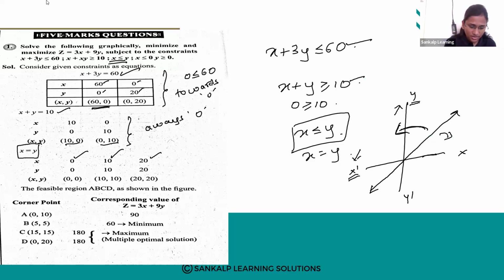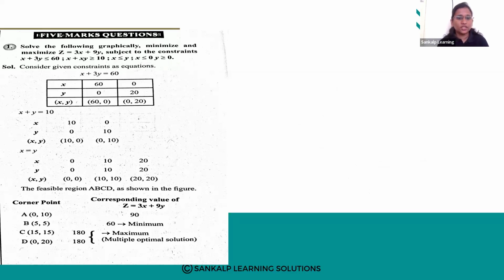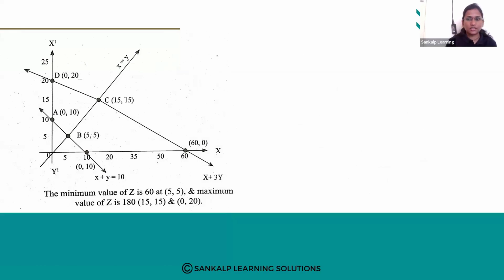Okay, the last constraint is x and y both greater than or equal to 0. Let us see. One by one, if we plot this, the first points were 60, 0 and 0, 20. So this is your first line. This was towards the origin. Next was 10, 0 and 0, 10.